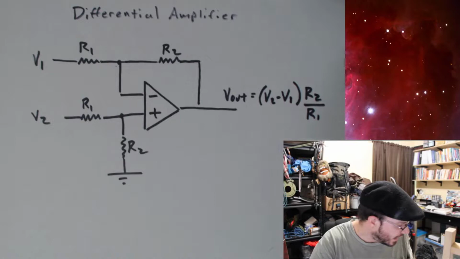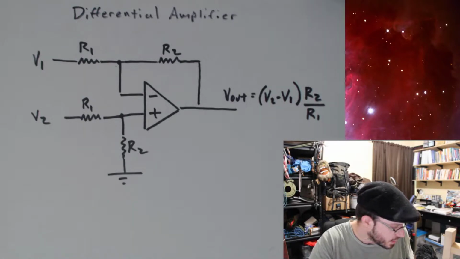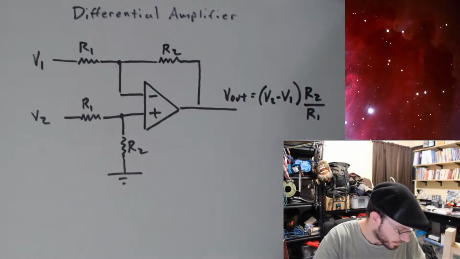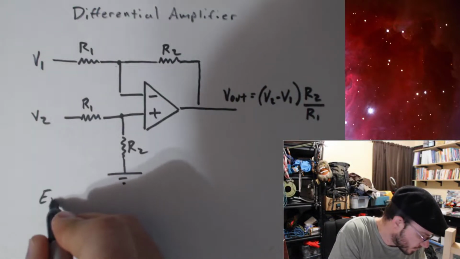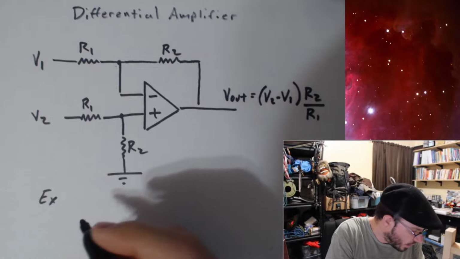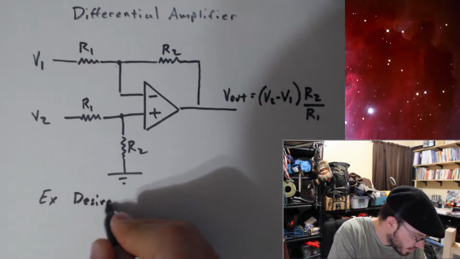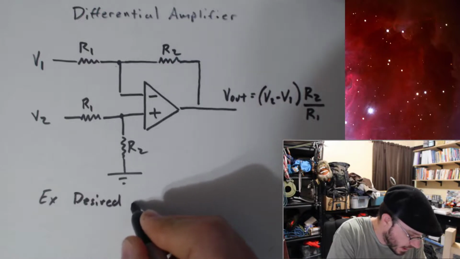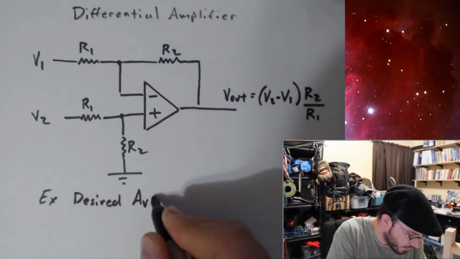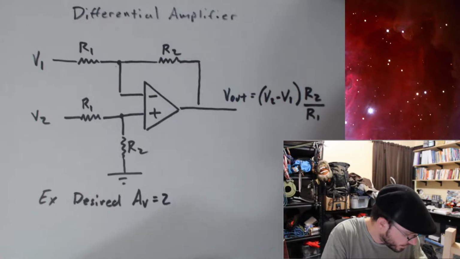Okay, so let's go ahead and set up an example using this circuit. Let's say we have a desired voltage gain, A sub V equal to 2.